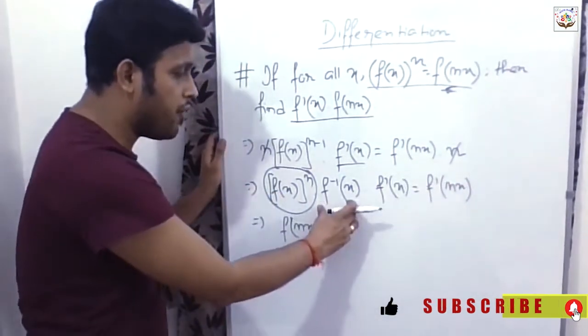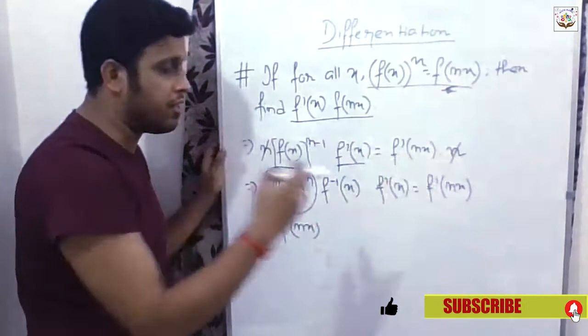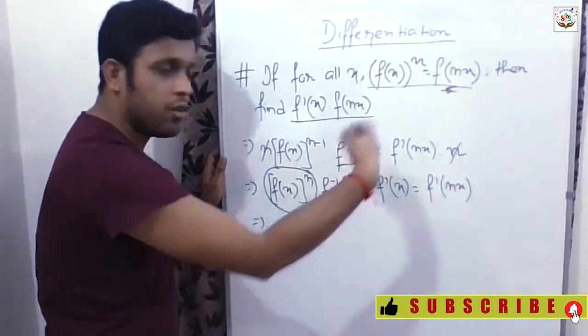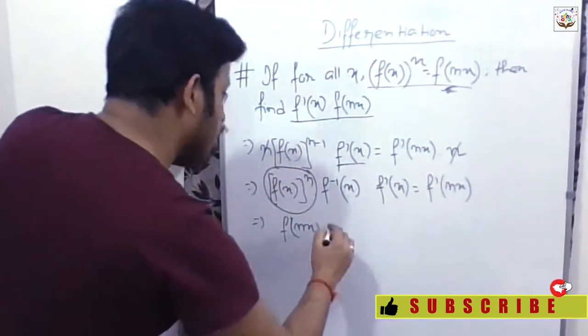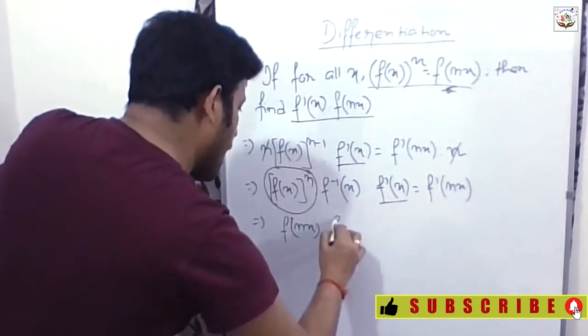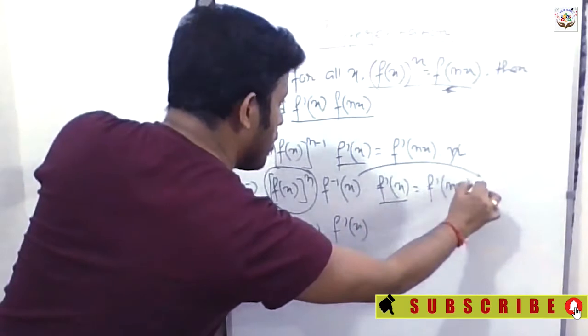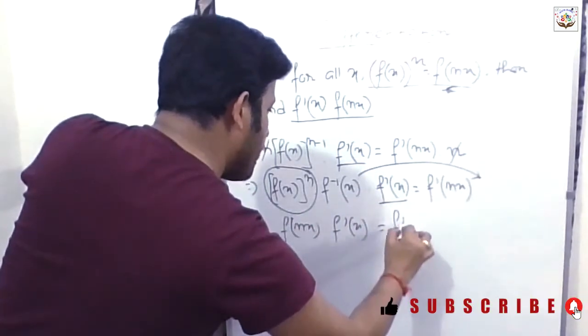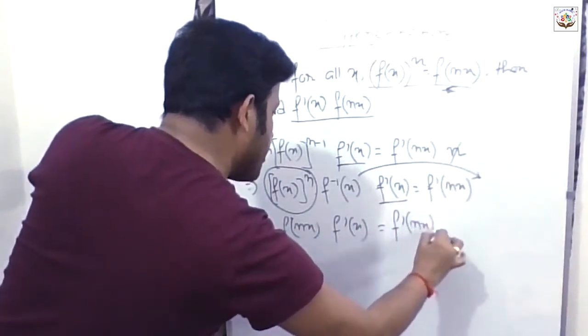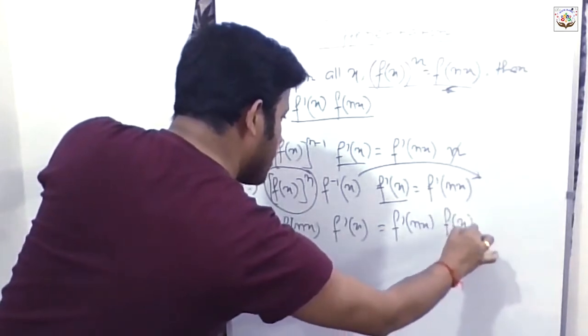So f inverse x will become f(x) if we take it from the left side to the right hand side. So we can write f'(x), and we are taking this to the right hand side, so it will become f'(nx) into f(x).